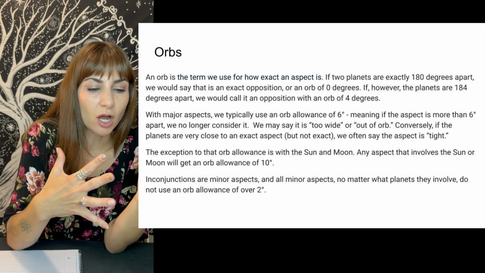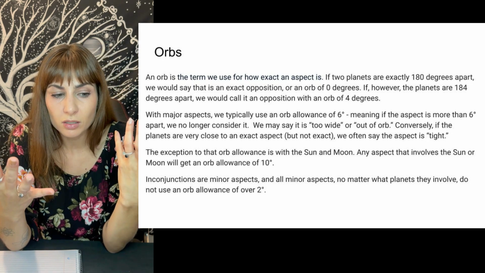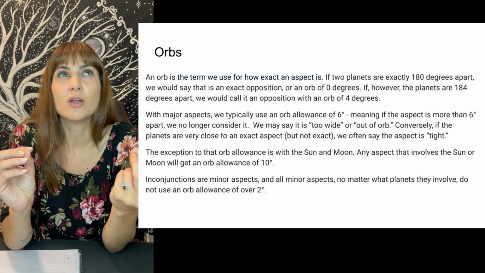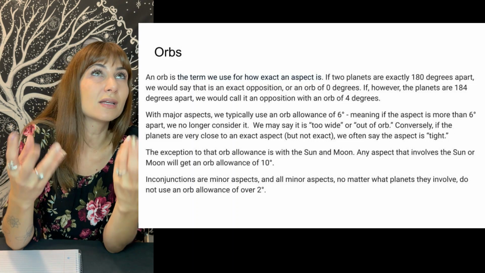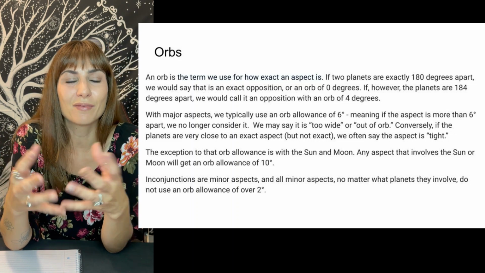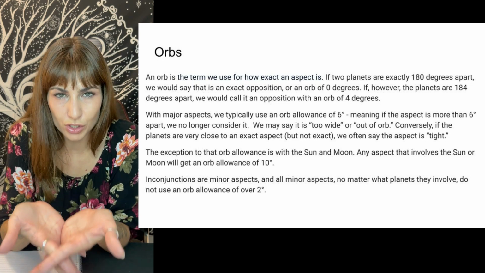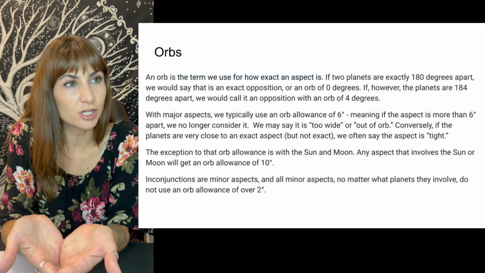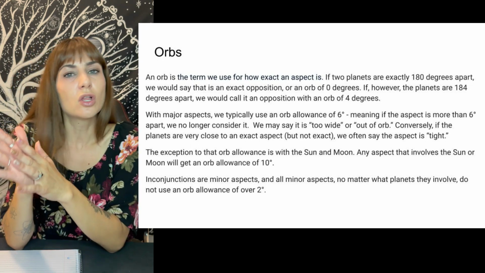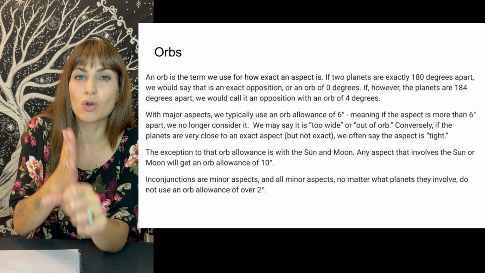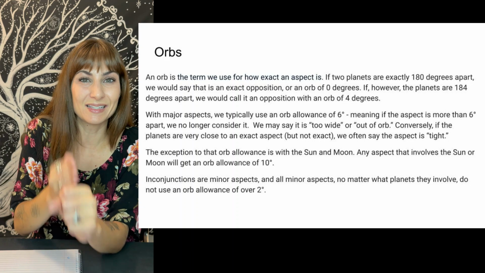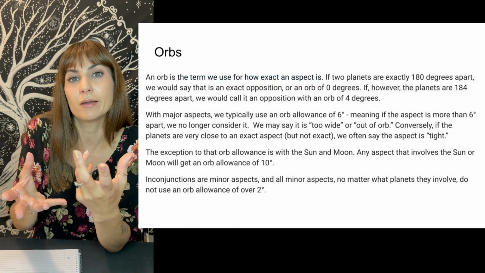But if the planets are 184 degrees apart, or 176 degrees apart, did I do my math right? Then we would say that that is an opposition with an orb of 4 degrees. It's still an opposition, it's just not as strong. So the closer to 0, the stronger your aspect is, the more it's going to come out in your personality.